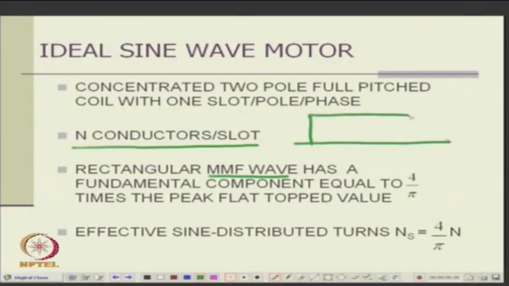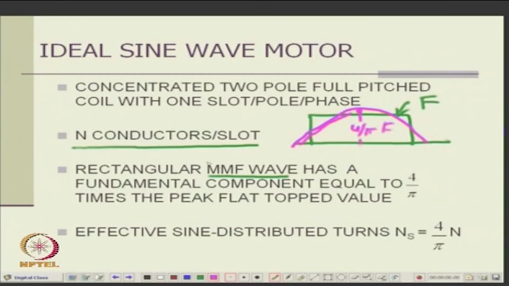But you may know that there may be n conductors per slot, and it will give a rectangular MMF wave with some peak value f. What will be its fundamental? So, it will have some fundamental, no? Now, this is 4 by pi f, is it not?